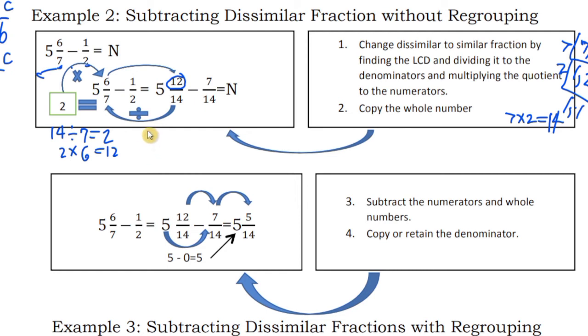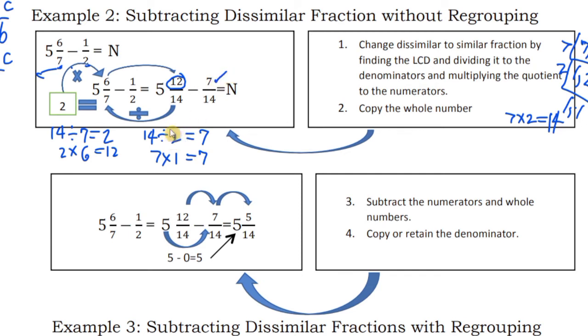So we have 14 divided by 2, the same as we have done previously, where the 2 is the old denominator. So the answer is 7. Then 7 times 1. The quotient must be multiplied to the old numerator. So the result is still 7.